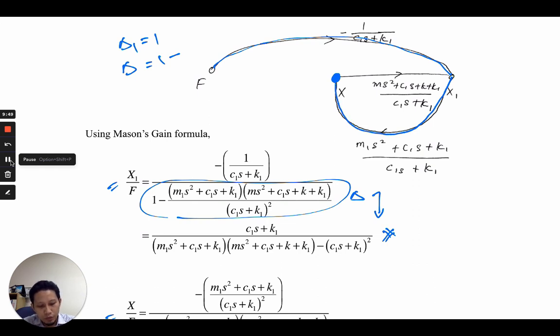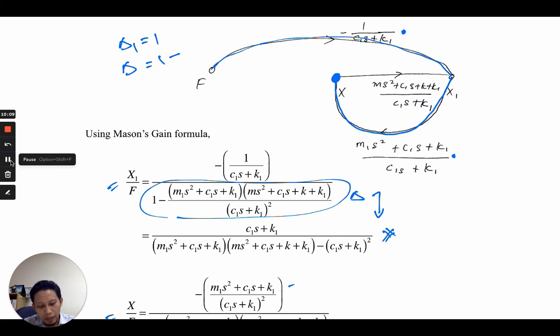So our T1 now is the multiplication of this and this, so you have this multiplied by this, and you have this term over here.